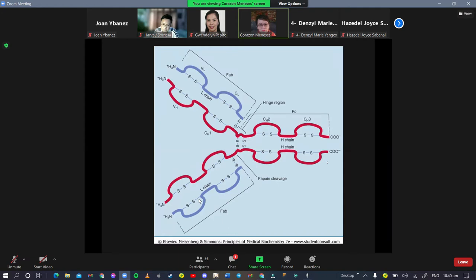You have the blue one, two of them, and the red one, two of them. And what do you see? Within the blue polypeptide chain, because of the tertiary conformation, you have the intra-chain disulfide. You also have the disulfide that is inter between the two chains. Get it? Okay.